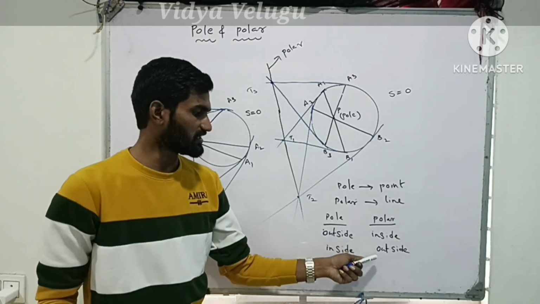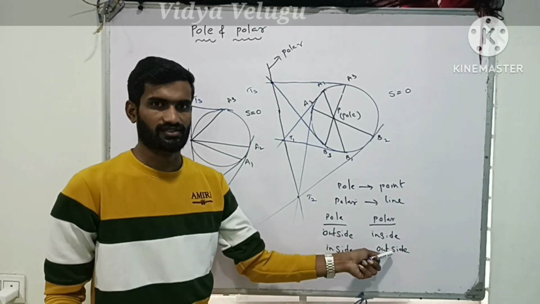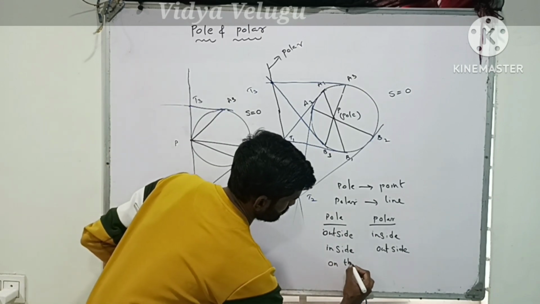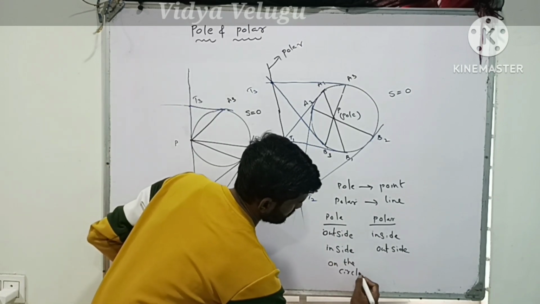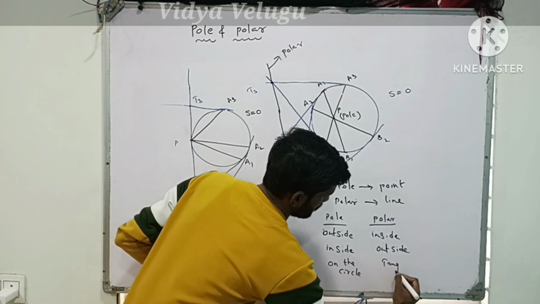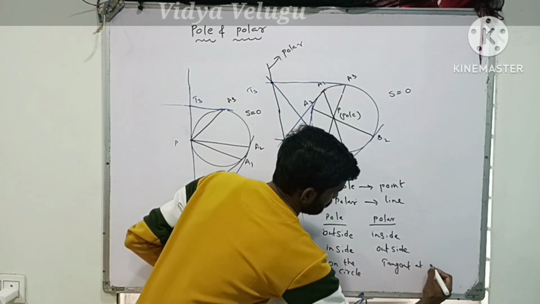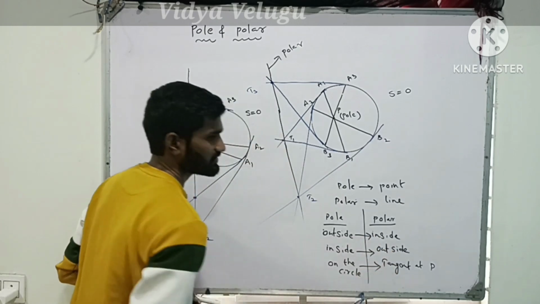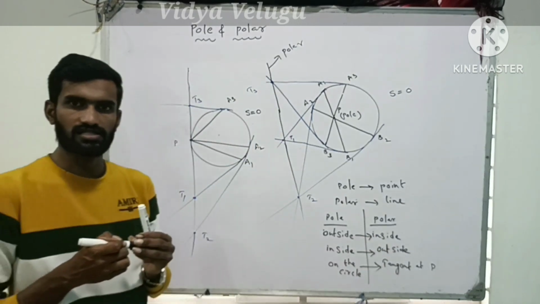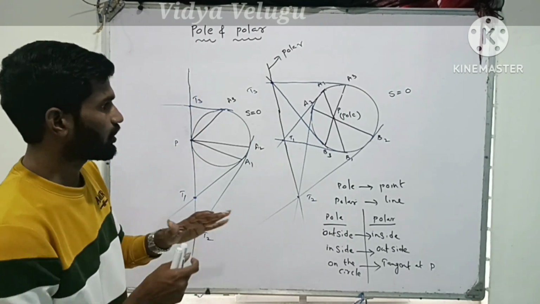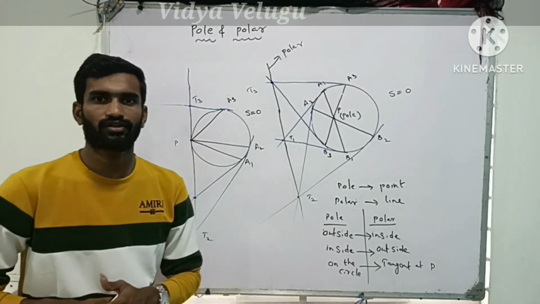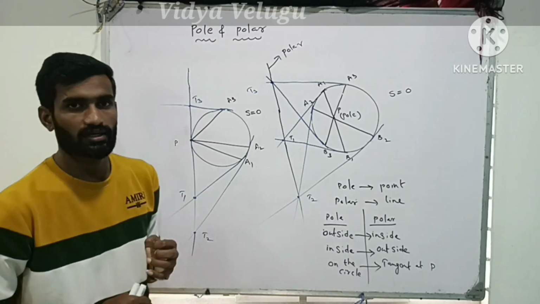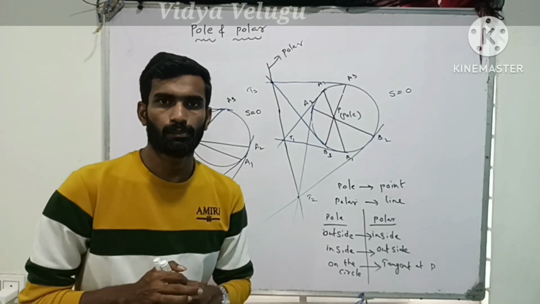It will neither touch nor intersect. Next, if the pole is on the circle, the polar is the tangent at P itself. These things you need to remember. Right? Now, I hope you got all these three cases. Now we are going to derive the notation for the polar and the formula to find the pole, right?